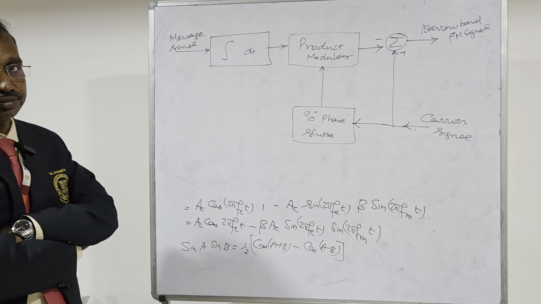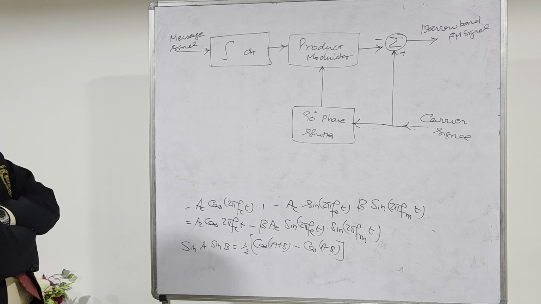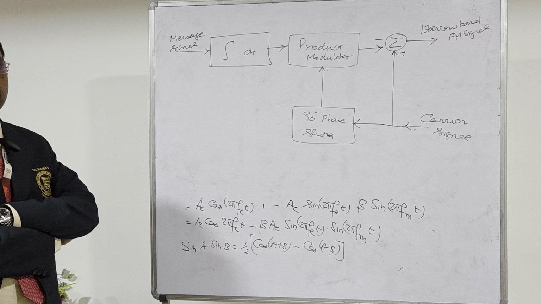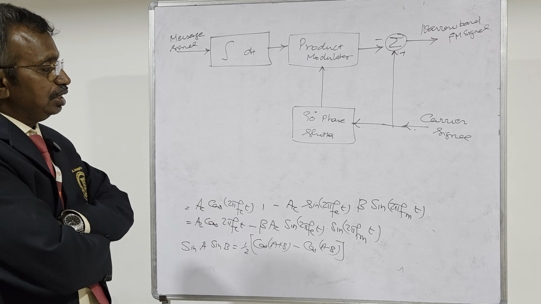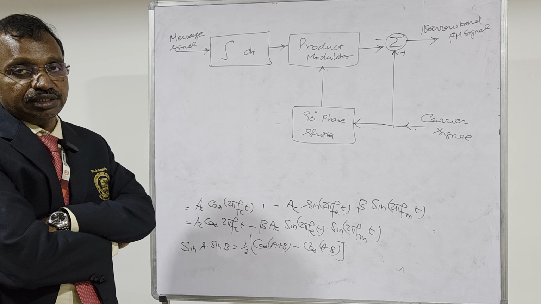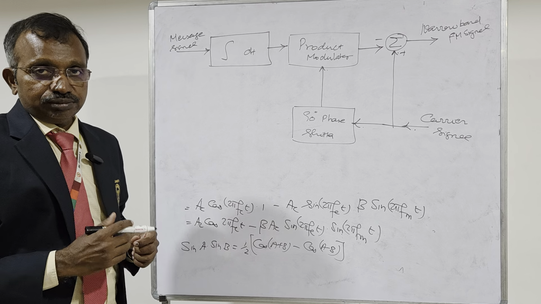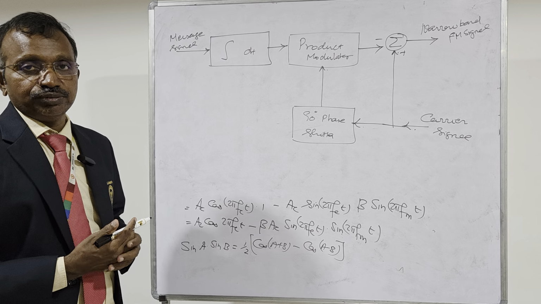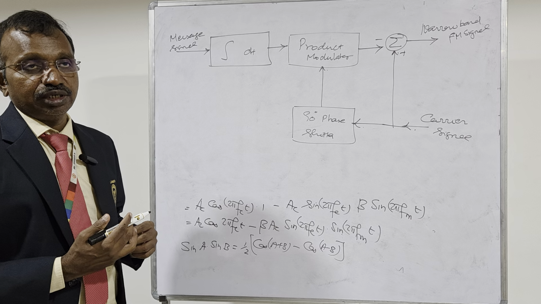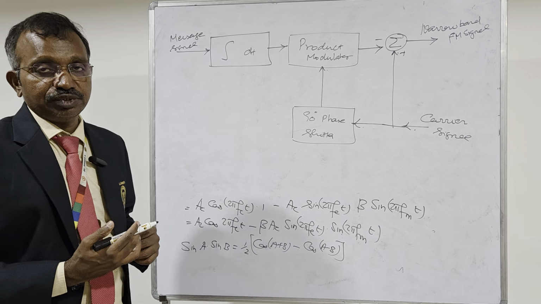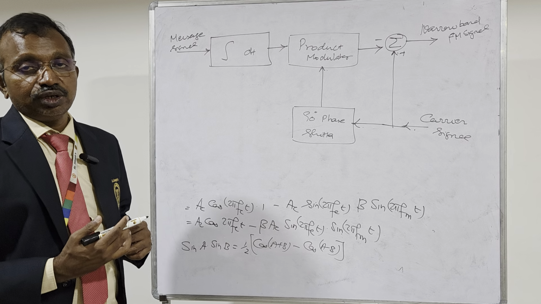Right. So FM is a form of modulation scheme in which the frequency of the high frequency carrier signal is varied in accordance with the instantaneous amplitude of the message signal. Here there are two types of FM signal depending upon the modulation index beta. We can classify FM as narrowband FM signal and wideband FM signal.